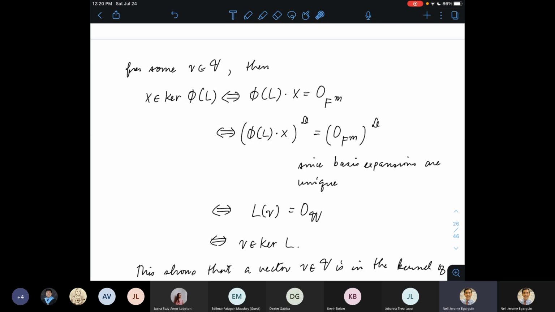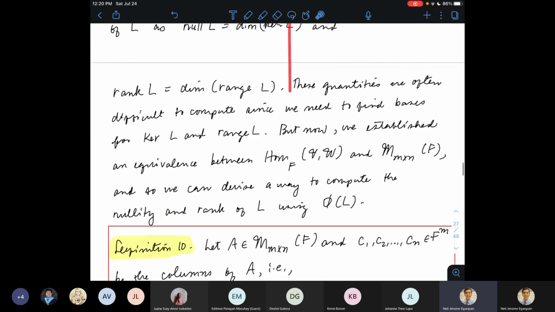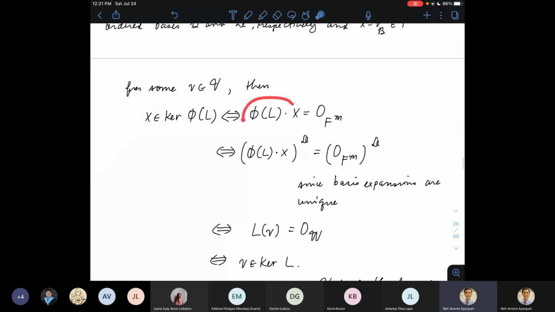Anybody? Ayaw nyo lang magsalita. But anyway, I hope you remember that if you multiply the matrix representative by a set of coordinates, then what you get is another set of coordinates. But this would be the set of coordinates of the image under L with respect to the ordered basis D.